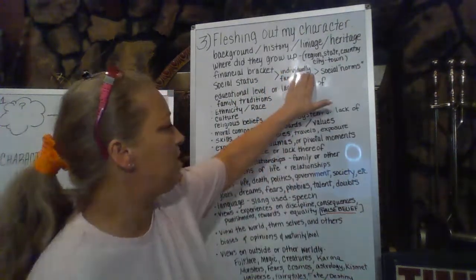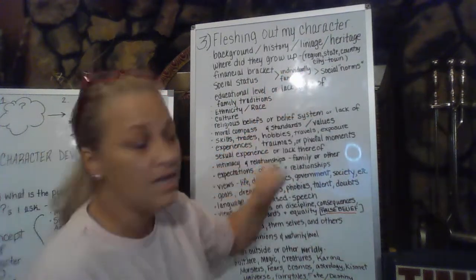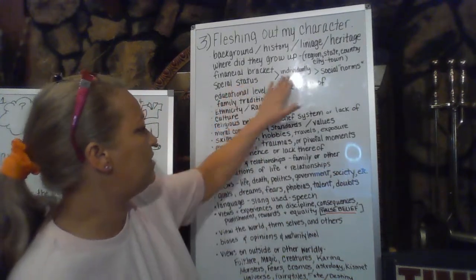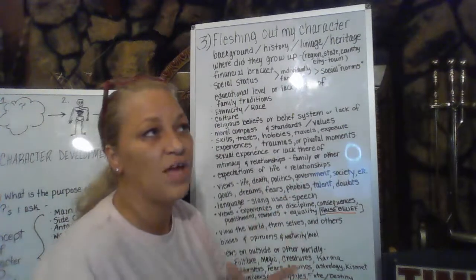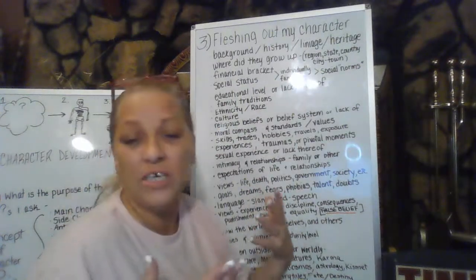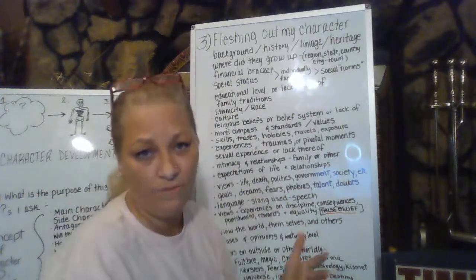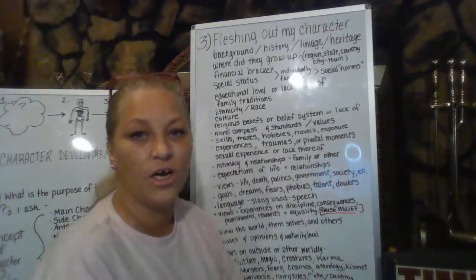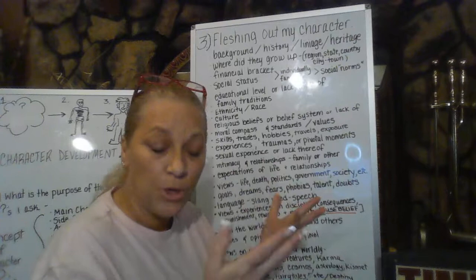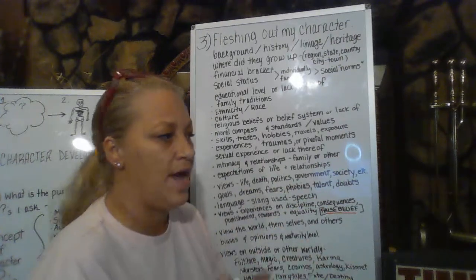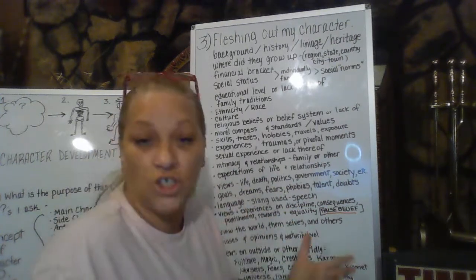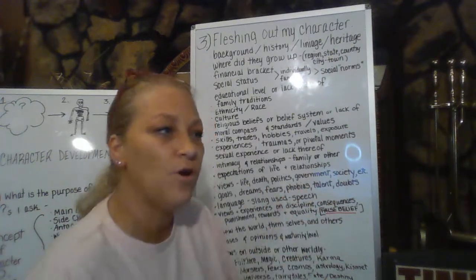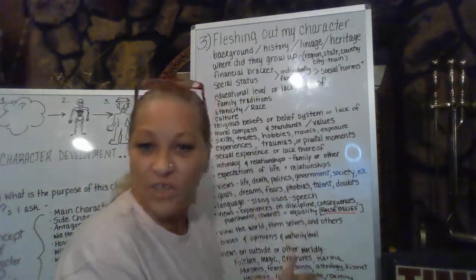So then I ask myself, their financial bracket or social status, or what are the social norms? And this can be individually or family, because if a character, say their family, if they are maybe a struggling family or a poor family, that's going to be a lot different in their history or background or upbringing as opposed to maybe a rich family, or even, say a princess in a kingdom would be different than a pauper in the village.